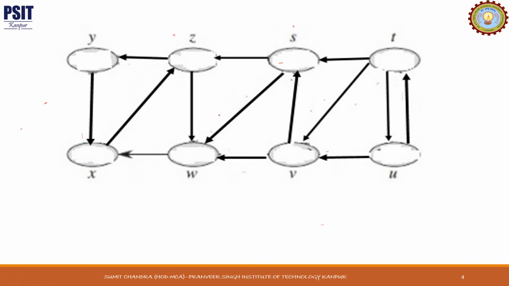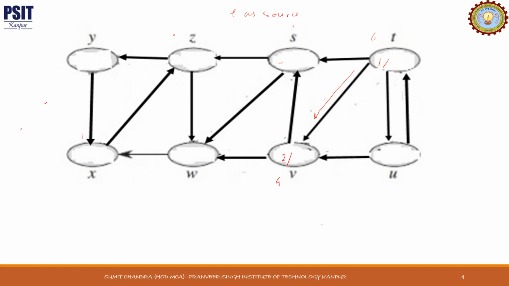Suppose now I am choosing T as the source vertex. When I discover it, color becomes gray, 1, and from here I can go here also, here also. Suppose I am going to V, I am choosing this path. So 2, and its color will become gray because it is discovered.